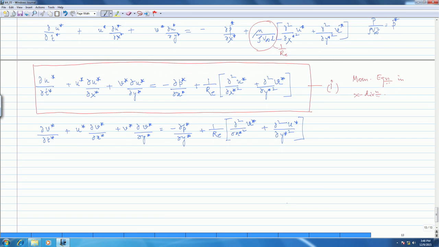Oh sorry, yeah, this was the second equation. So, this has to be v here, and this also has to be v. So, here it is v star, here it is v star, right. So, this is the momentum equation in the y direction.